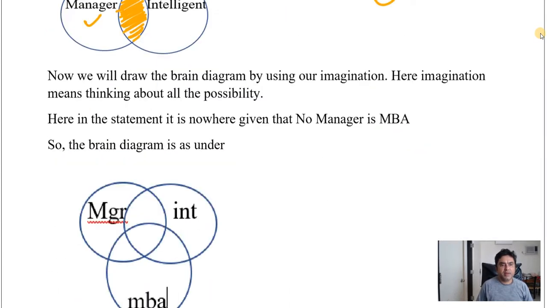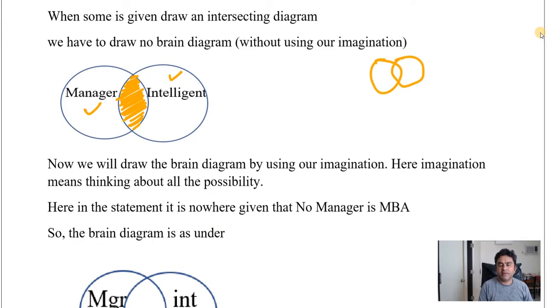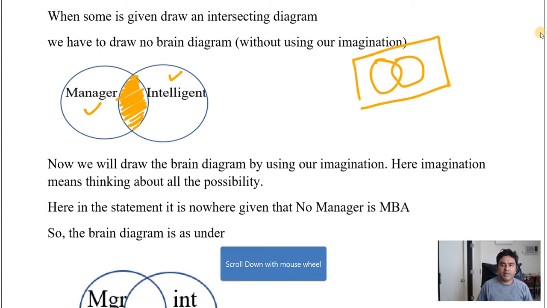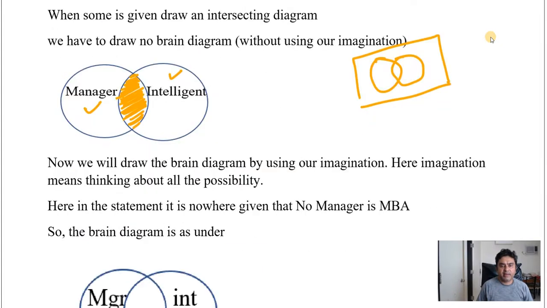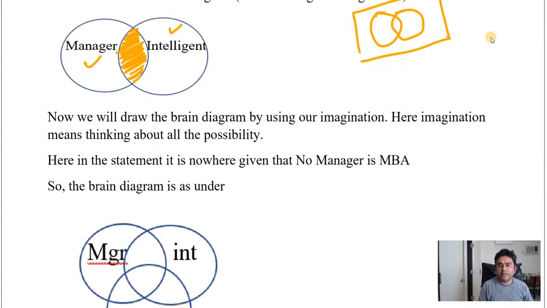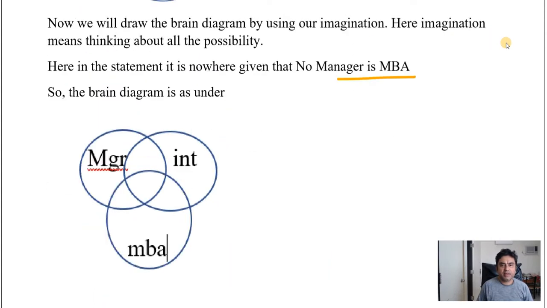Now this is the diagram we made out of the given sentences. Now we can make a brain diagram, and we add that some managers are MBA.